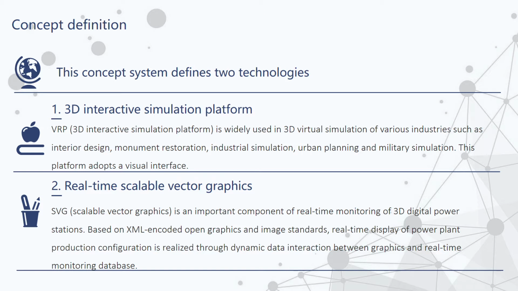This improves system versatility and adaptability. The real-time interaction display of the configuration map can be realized by configuring the data source and the graphical interface control. These are the two technologies of this system.